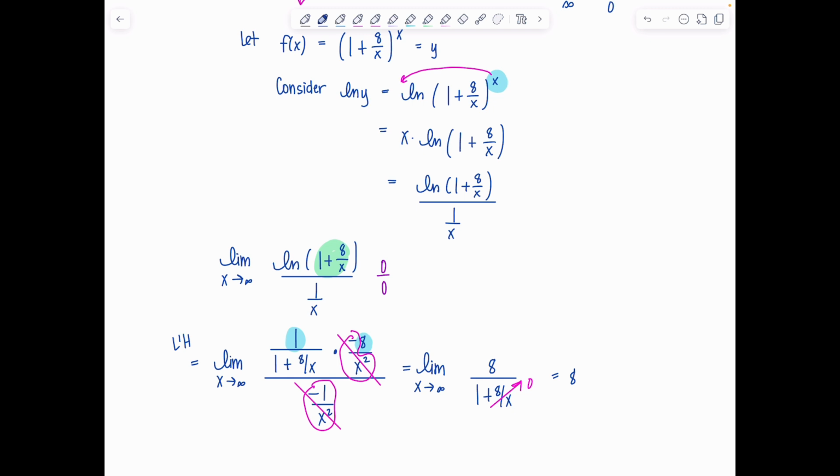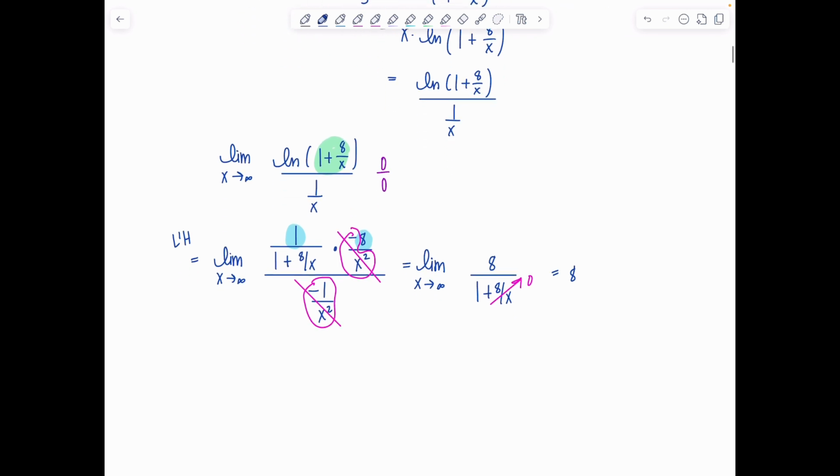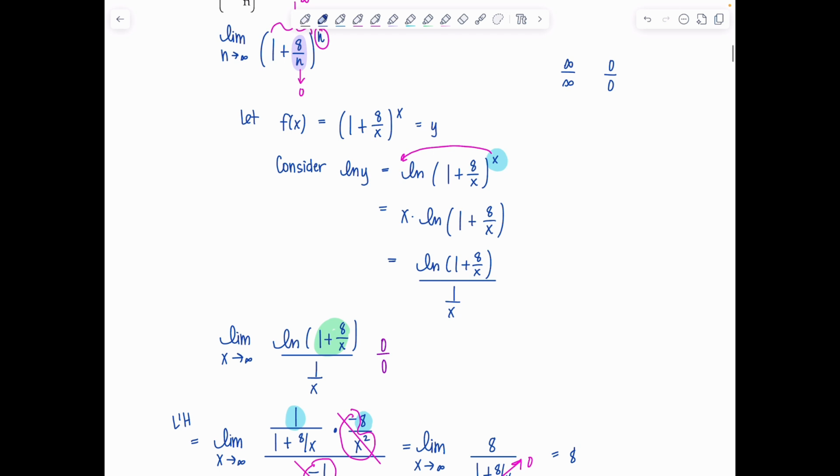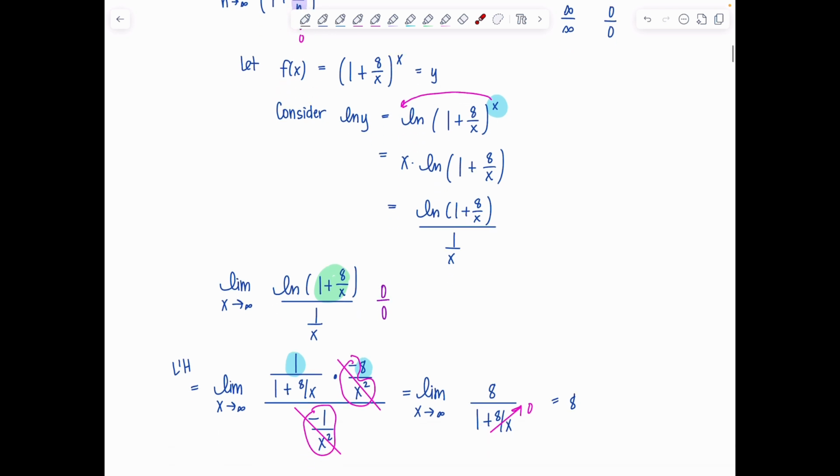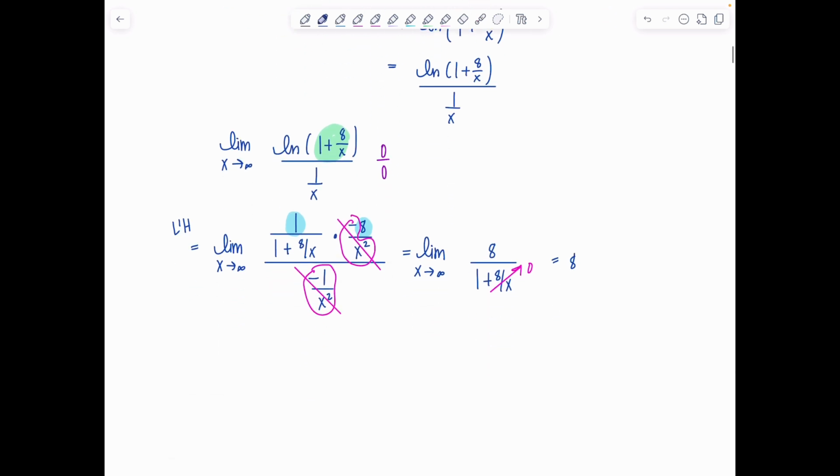Bravo. That's not the final answer for the limit of my sequence. Because remember, I just showed that the limit of the natural log of y, or the natural log of f of x, is 8. I want the limit of just f of x without the natural log. So how do I get there?